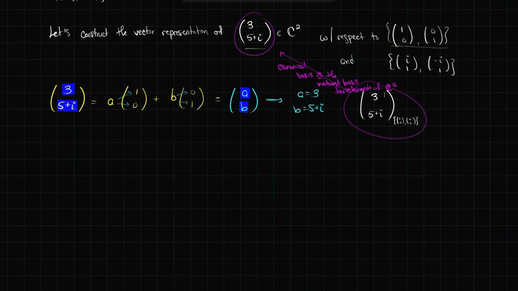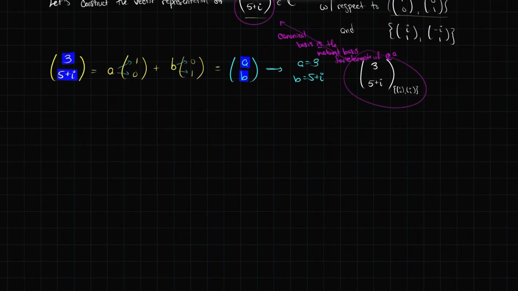So let's go ahead and find the basis representation without the canonical. So this is canonical, but let's do the case of the non-canonical basis. With the non-canonical basis, we're going to end up with 3 and 5 + i should be equal to a times the non-canonical, which is i, 1, plus b times negative i, 1.